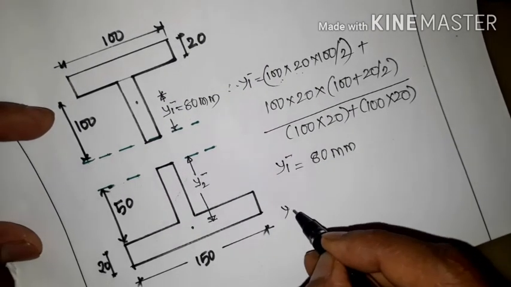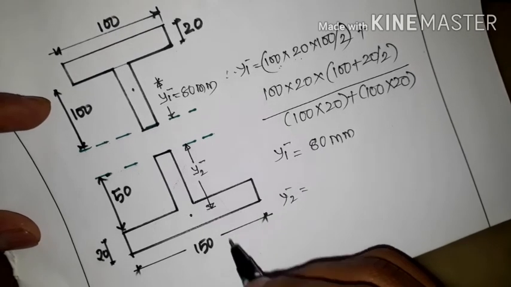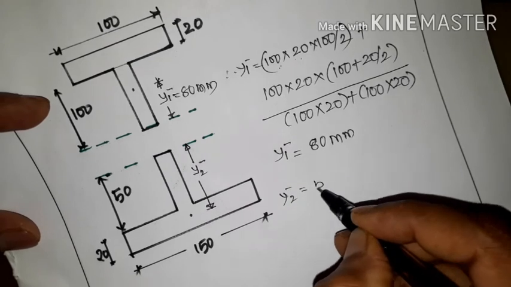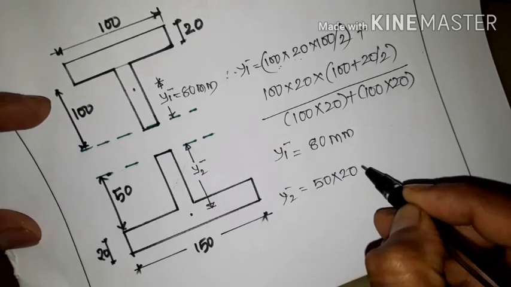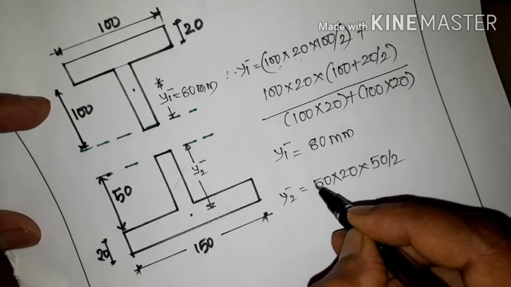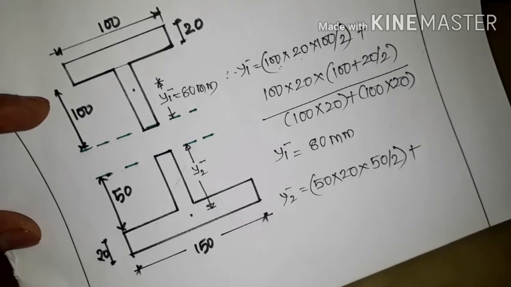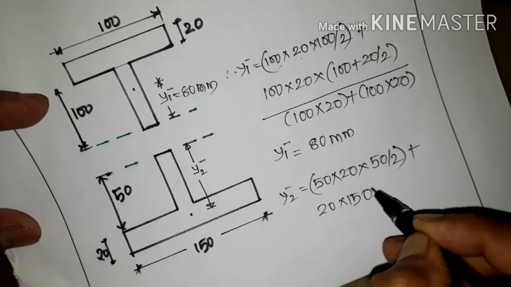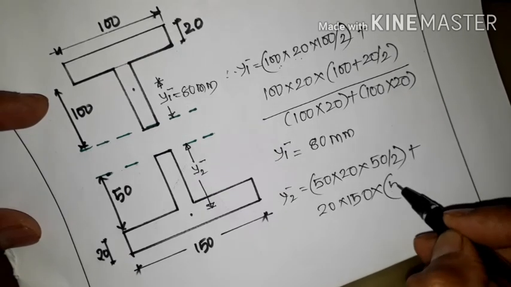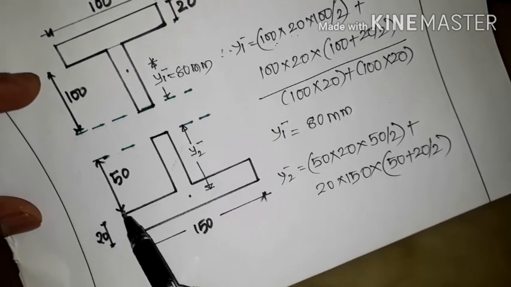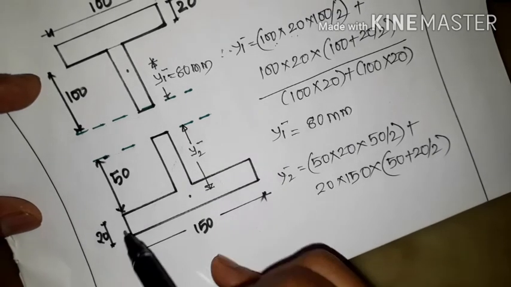Now y2 bar is equal to A1 Y1 plus A2 Y2. A1 is 50 into 20, and Y1 is 50 by 2, plus now this 20 into 150, that is A, and Y is 50 plus 20 by 2.